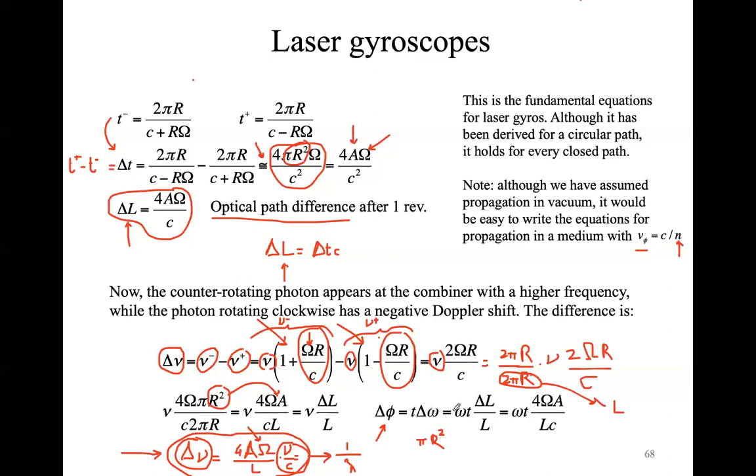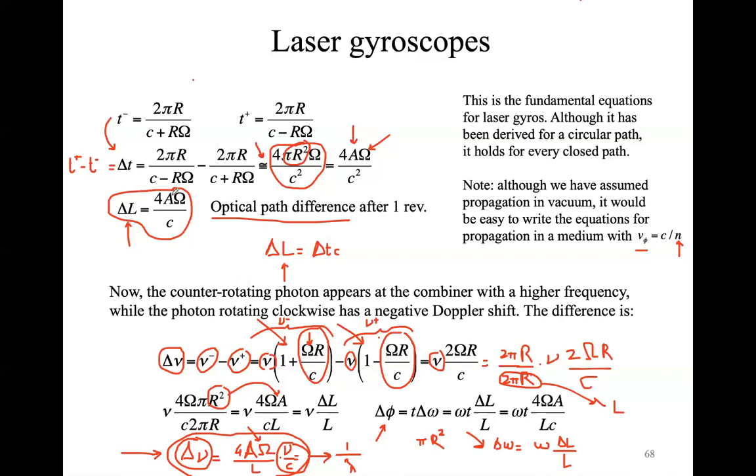You know that delta omega is equal to omega times the optical path difference divided by the length of the path, so the pulse rate of your signal is given by omega times delta L divided by L. And delta L is given by this expression here.